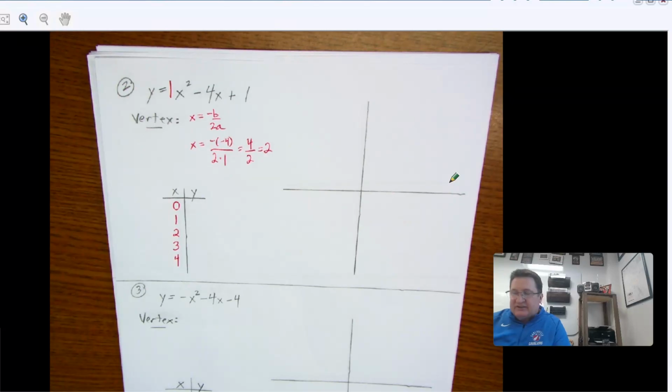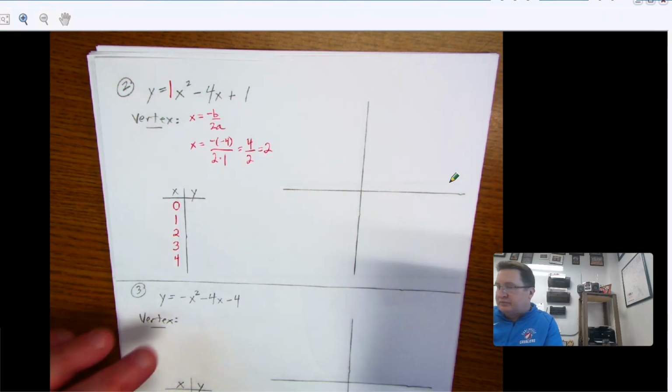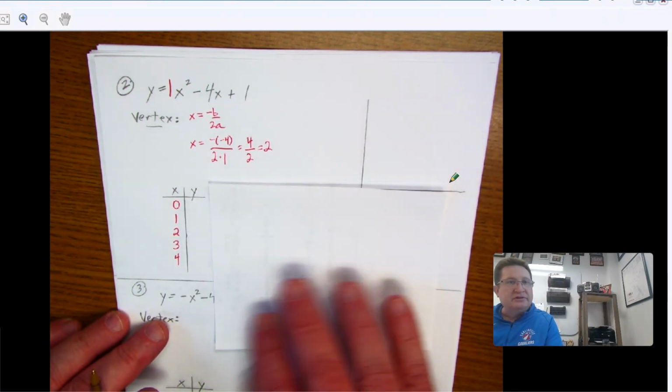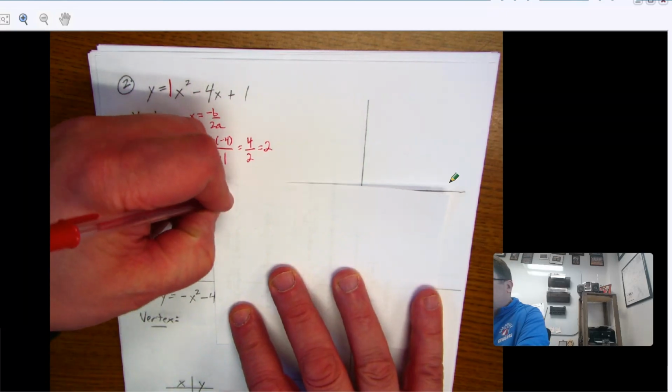Now, just like on the last one, we're going to plug in all of these x's that we just found into our equation to get the y coordinate. And so, when we do that, I kind of liked having this extra piece of paper over here. So we'll plug a 0 in.